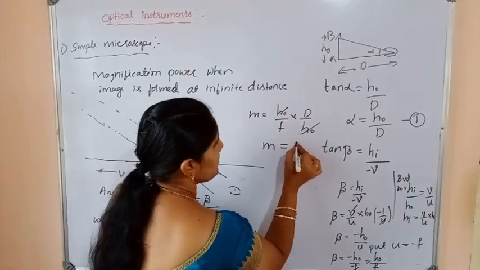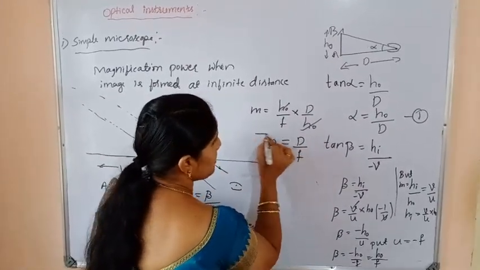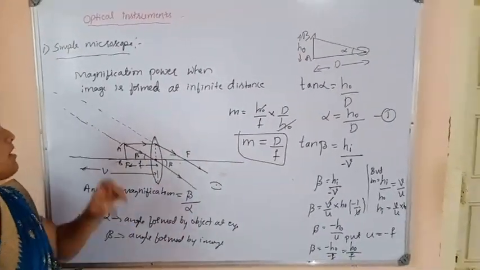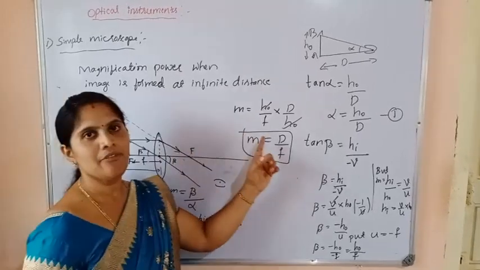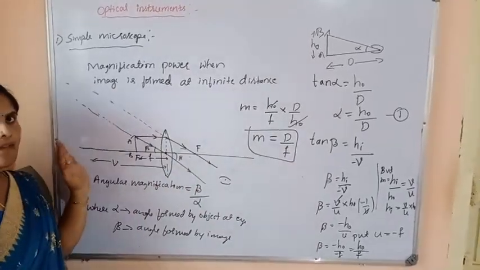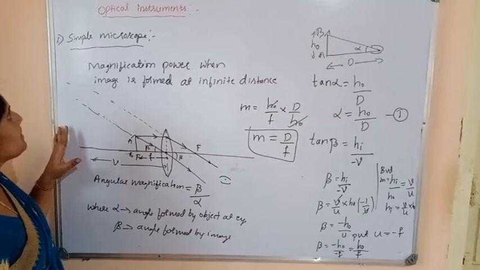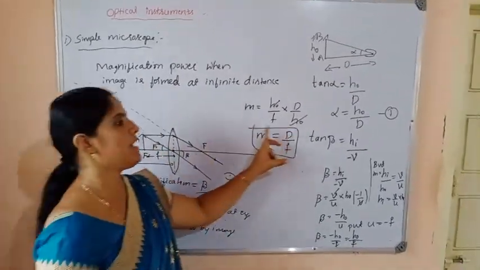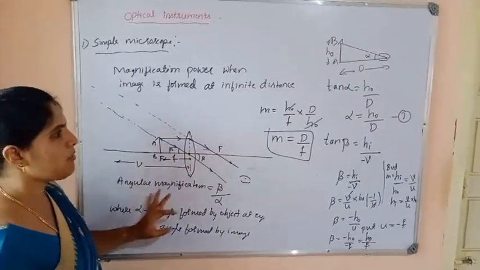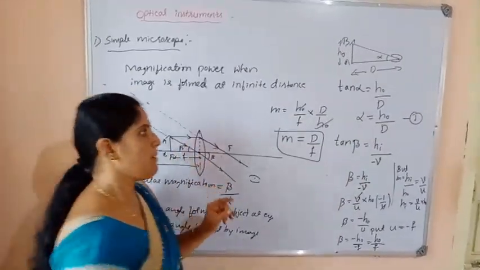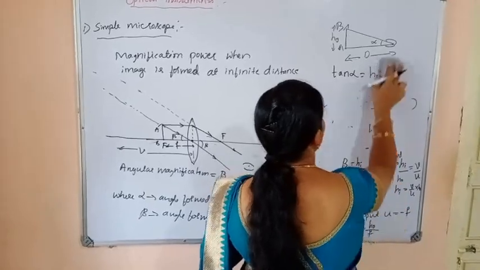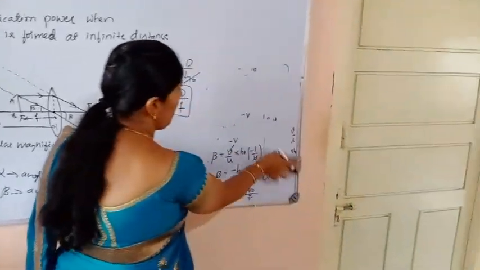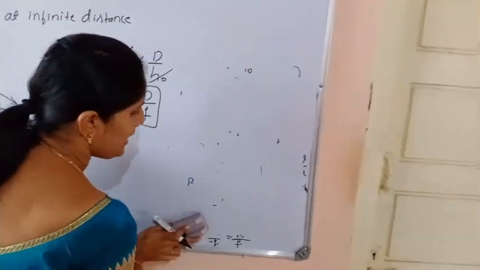Remaining is M is equal to D by F. So this is the expression for magnifying power when the image is formed at infinite distance. In this case, we worry only about the ray diagram and this final expression. You need not worry about this derivation.